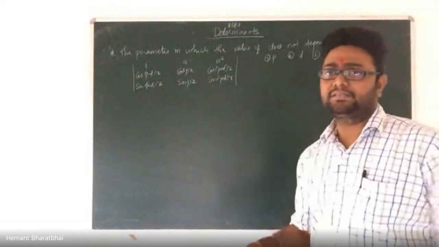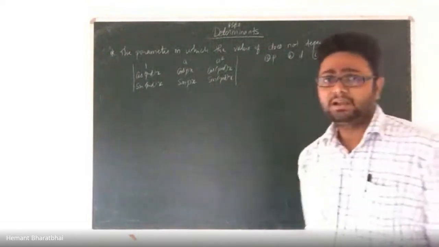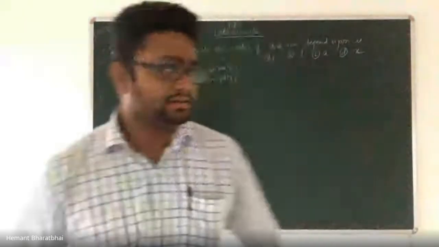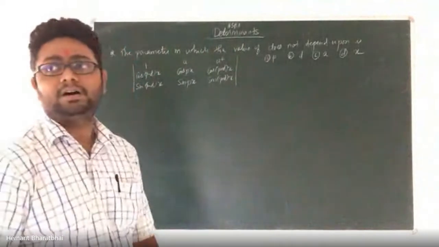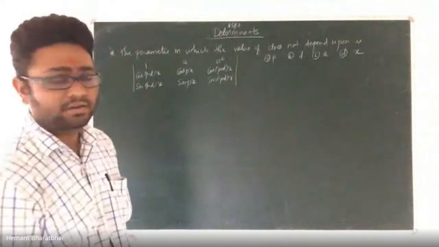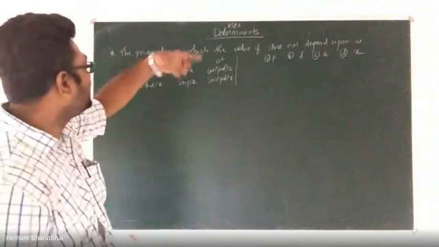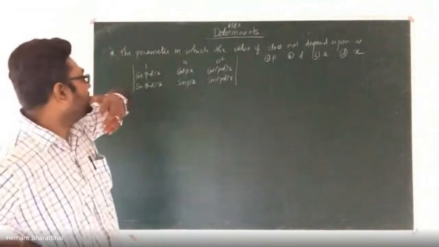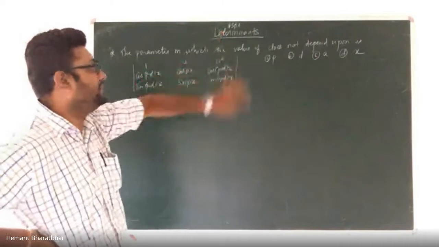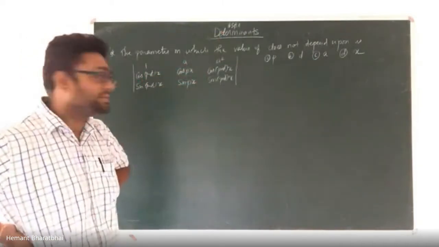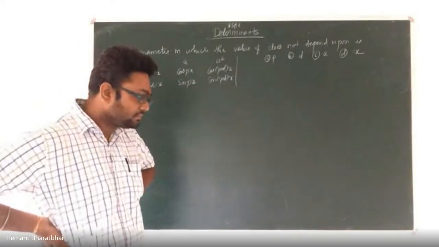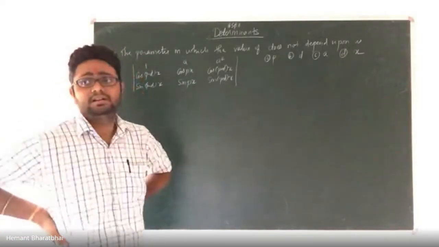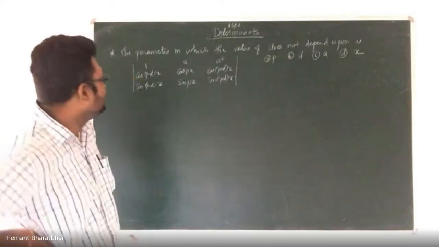Either the final answer should not consist of a, or it should not consist of p, or it should not consist of d, or it should not consist of x. Then only we can say which parameter the value of this determinant does not depend on. So first we will have to solve this determinant, and then only we can get the answer.